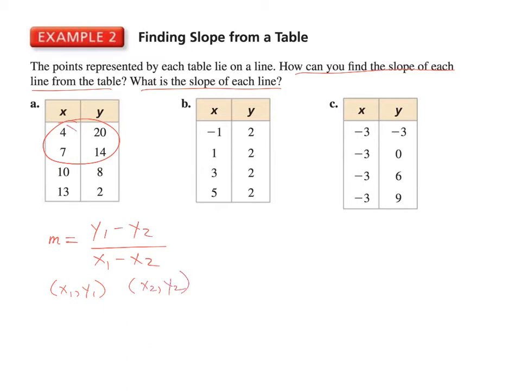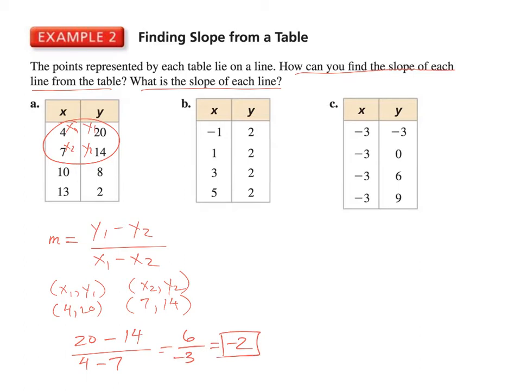So I have (4, 20) and (7, 14). I end up with 20 minus 14 over 4 minus 7. So I get 6 over -3, which is -2. That's my slope for part A.